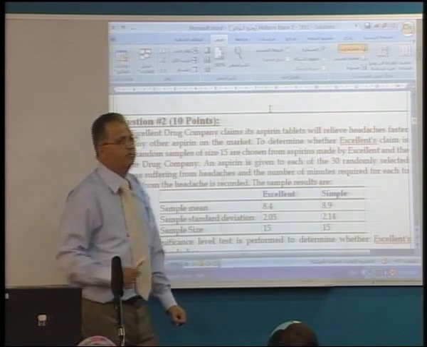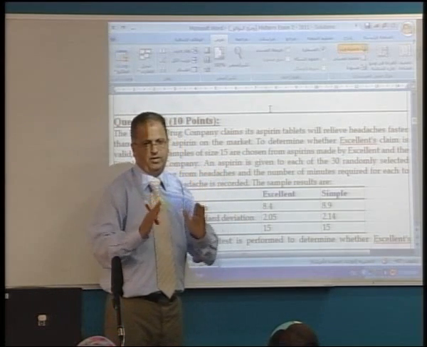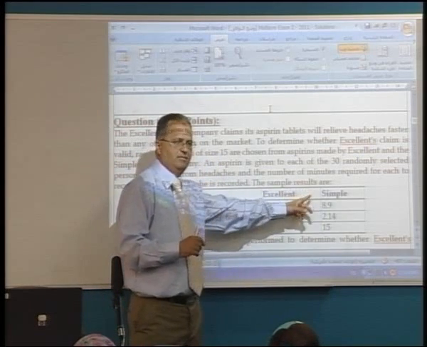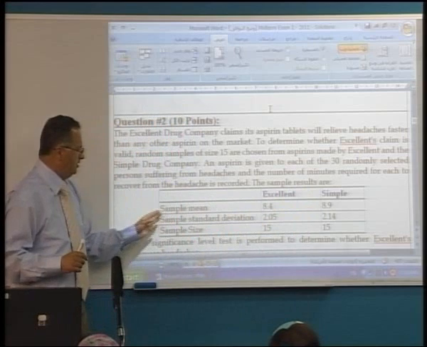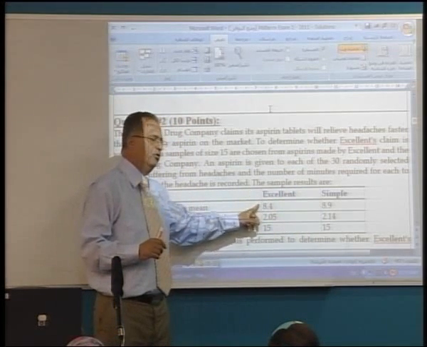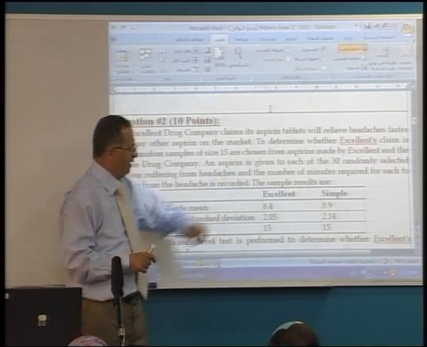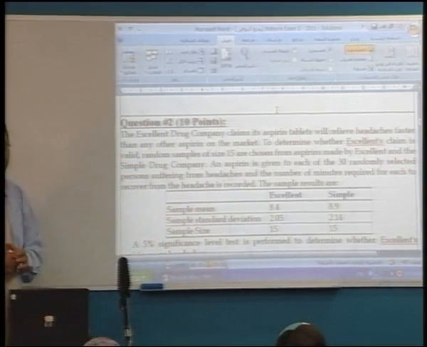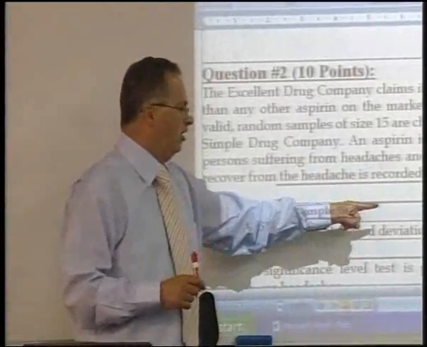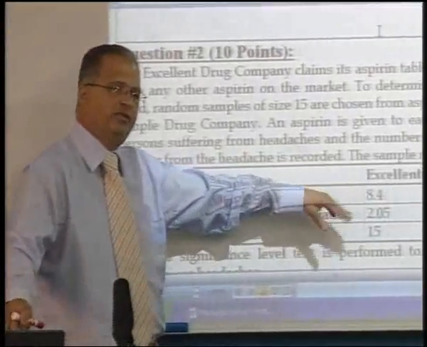So here we have 2 groups, 2 populations: the Excellent Company and the Simple Company. The information we have: the sample means are 8.4 for Excellent and 8.9 for the Simple Company, with sample standard deviations of 2.05 and 2.14 respectively.